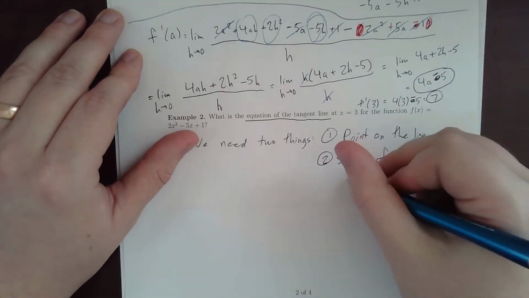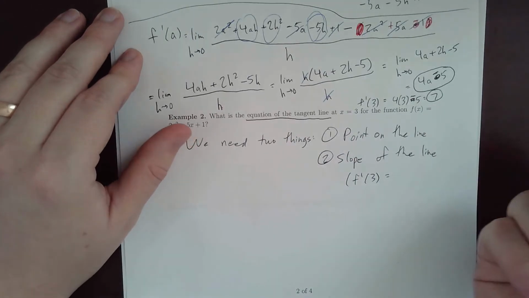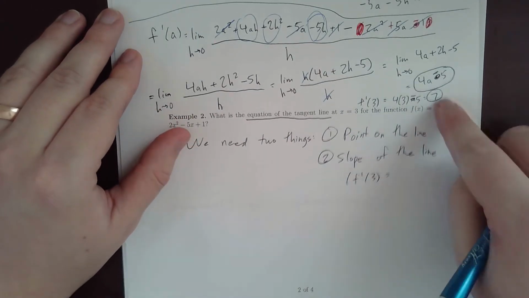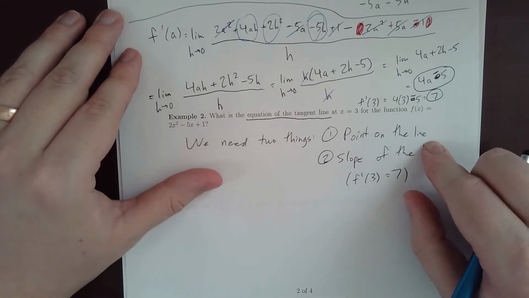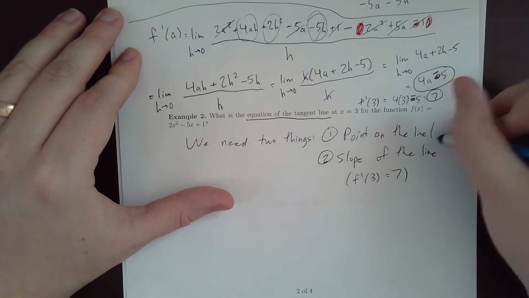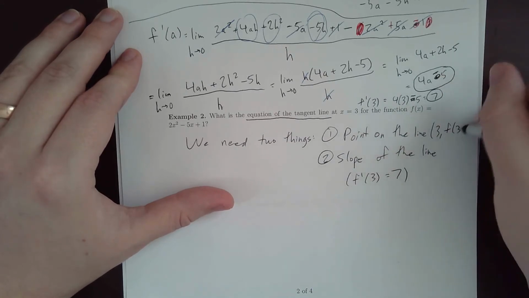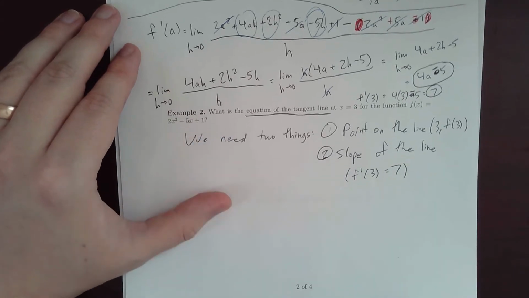Now, the slope of the line, we actually know. It's f prime of 3, so it's just whatever the derivative is at that point, and we just found out that it's 7. Now, a point on the line that we know, if we're trying to look at the tangent line at x equals 3, we'll have the point 3, f of 3.